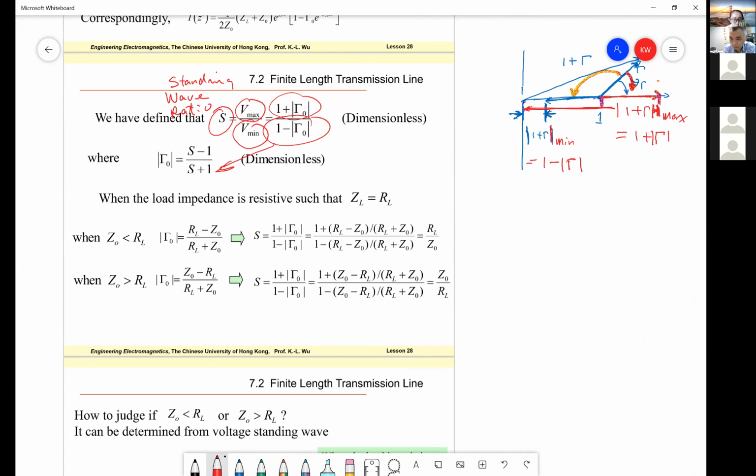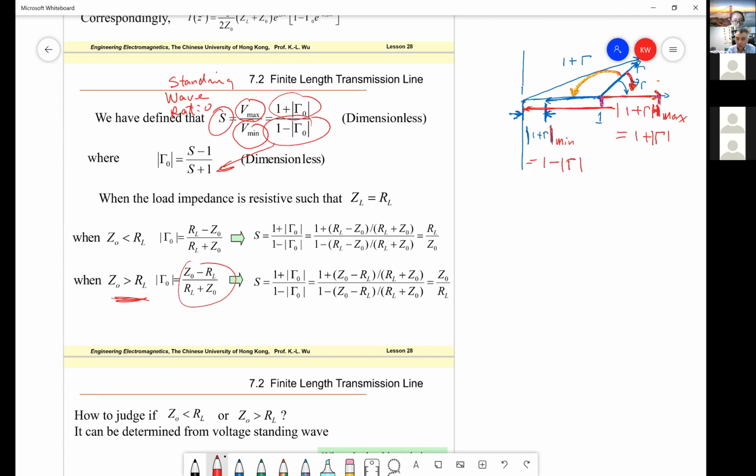So when we measure the absolute value of the reflection coefficient, we have two cases, right? If the real part of the load is larger than the characteristic impedance, then we use this formula, because this formula ensures the absolute value is positive, right? Otherwise, we have to change the formula.